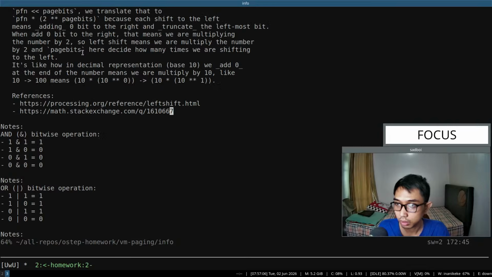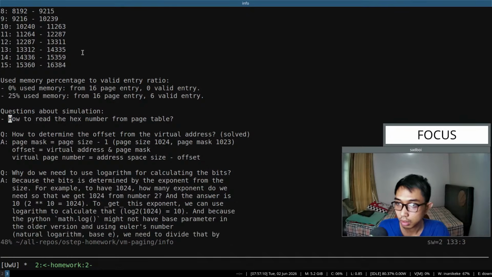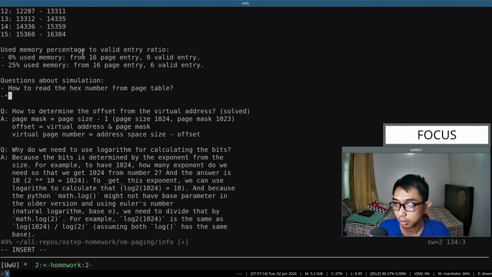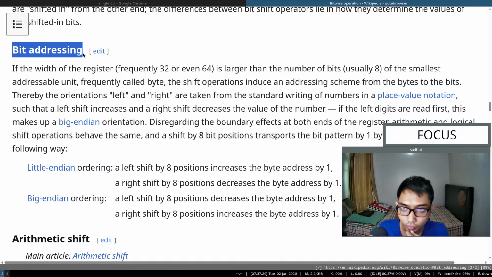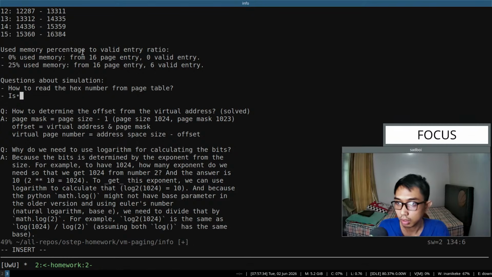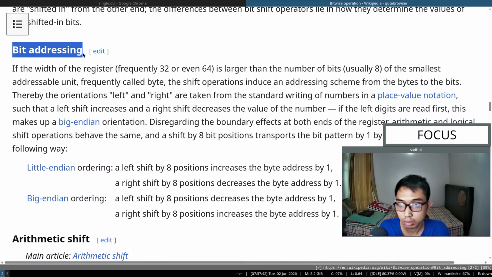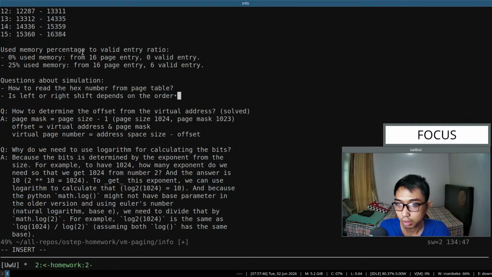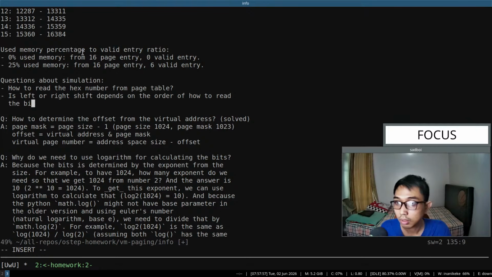Okay, maybe I should add this question, I guess: this left or right shift depends on the order of how to read the bits, maybe something like this.